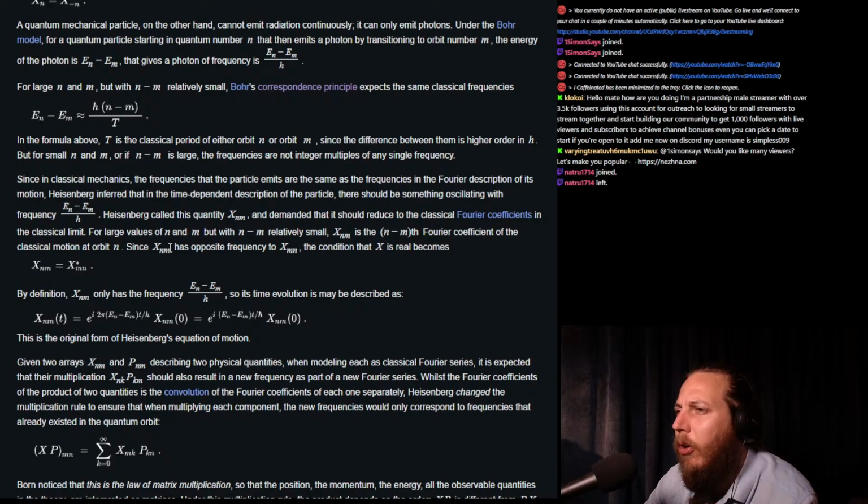Since x_nm has opposite frequency to x_mn, the condition that x is real becomes a constraint on them.